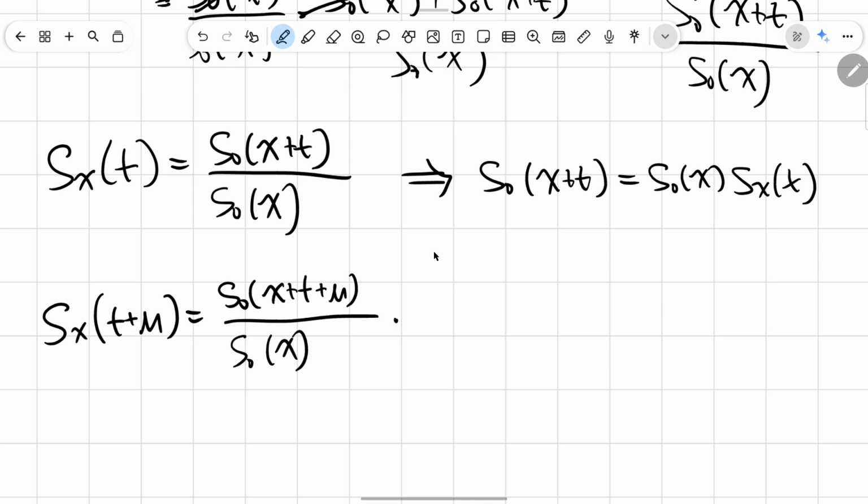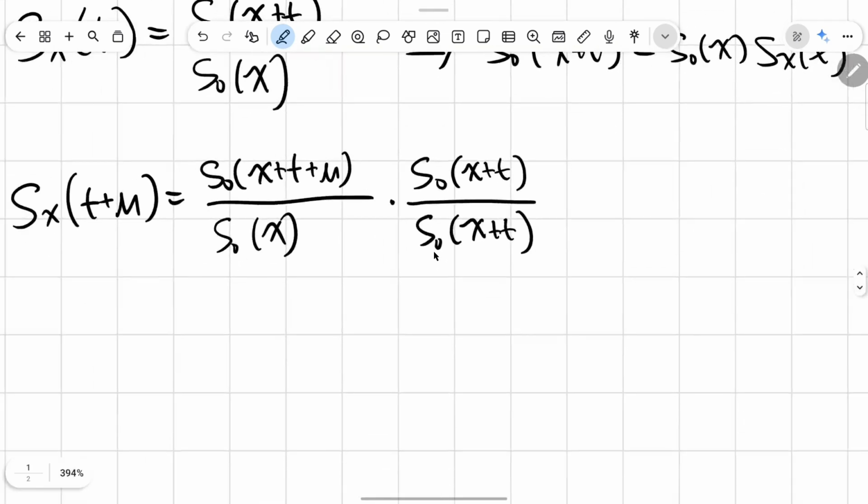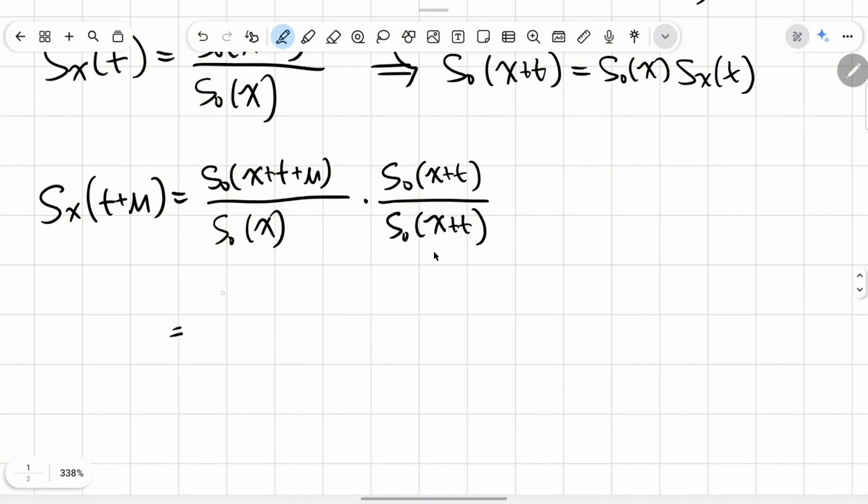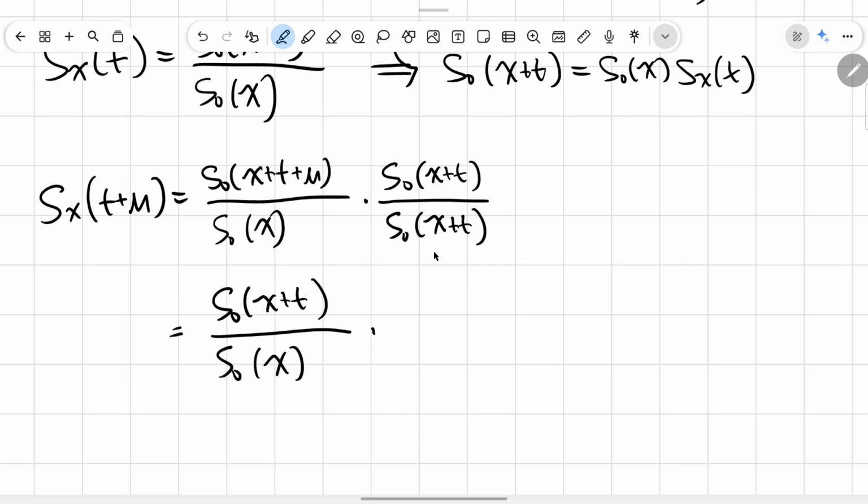And then we will multiply by S0 of x plus t over S0 of x plus t. So it will become S0 of x plus t over S0 of x times S0 of x plus t plus u over S0 of x plus t.